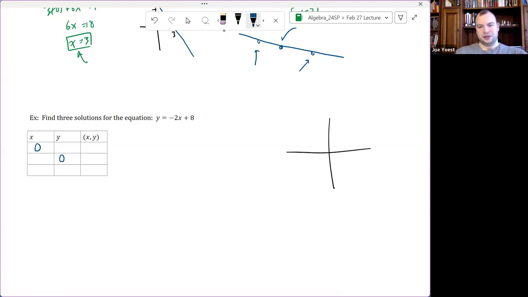So x equals 0. Then y is going to be -2 times 0 plus 8. Y is just 8. This yields the ordered pair (0, 8), representing a solution to this equation.